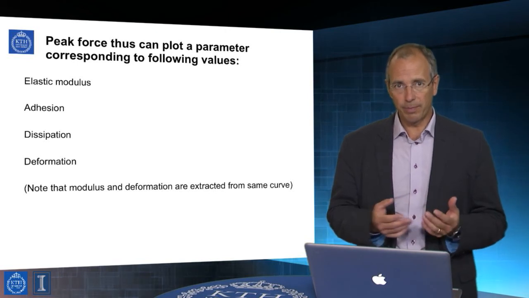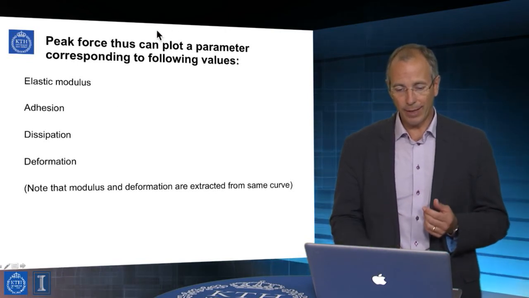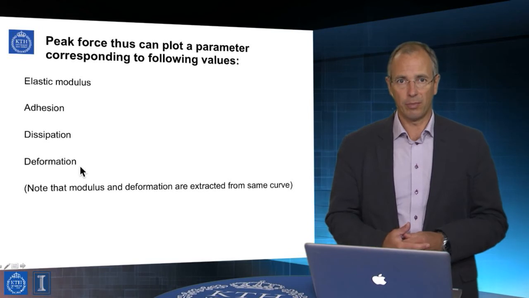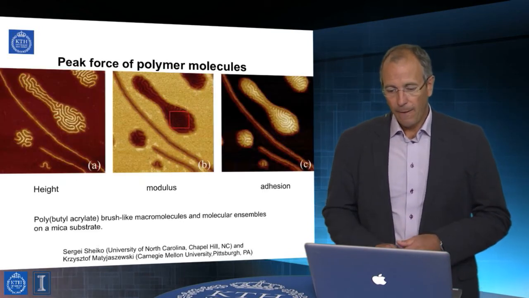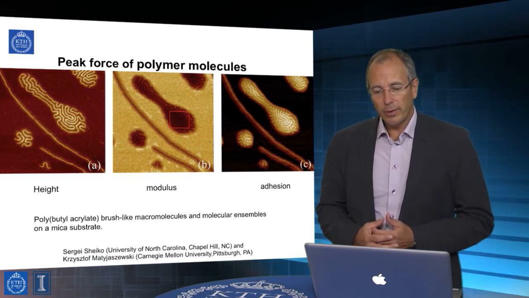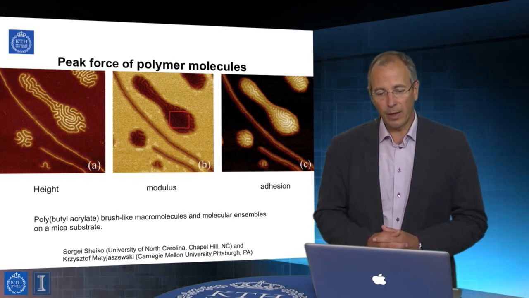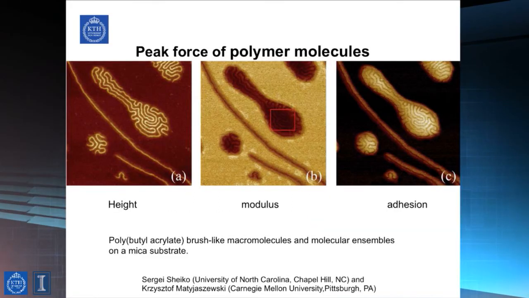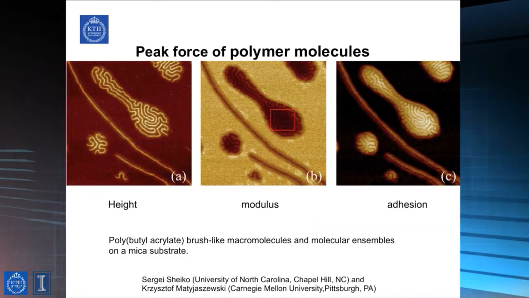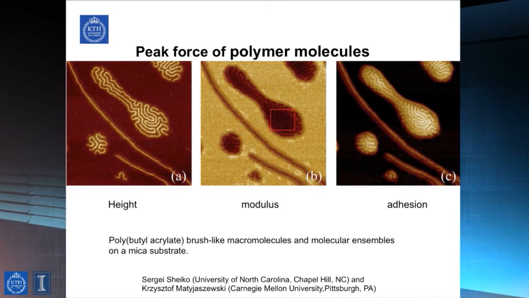But we should also be aware that the elastic modulus and the deformation are extracted from the same data. Now, in one of the tutorials, Ralph describes the fact that when polymers solidify, even if you have two quite similar polymers, they will locally phase separate as much as they can. Here's a very nice peak force image that indicates just that.